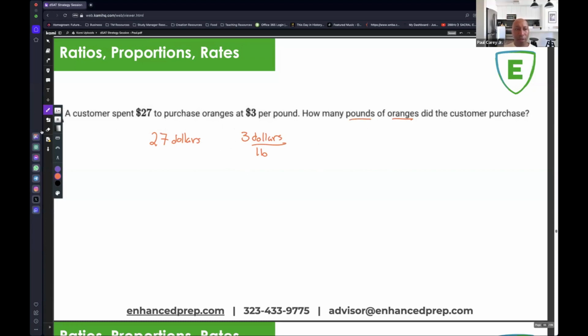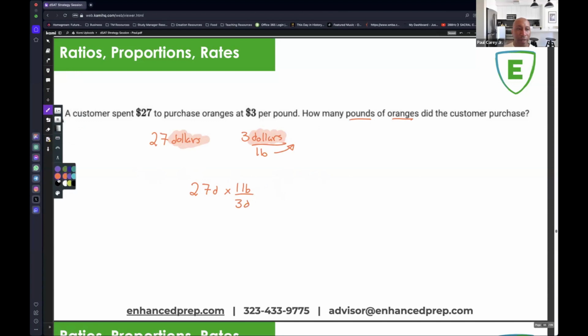And we want to know how many pounds of oranges did they purchase? So with our units, we want to make sure that those are going to be canceling out. So they need to be on the top and the bottom, numerator, denominator. And if we want to think about pounds, we want that to be on the numerator. So in this case, we say $27 times 1 pound over $3.